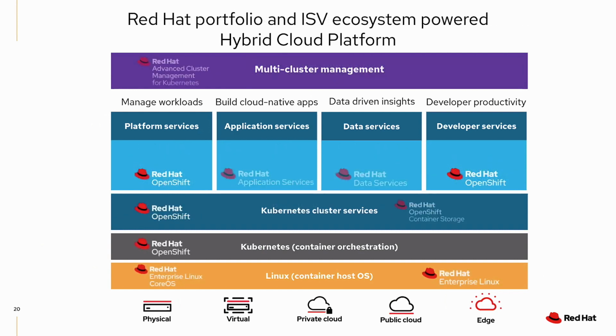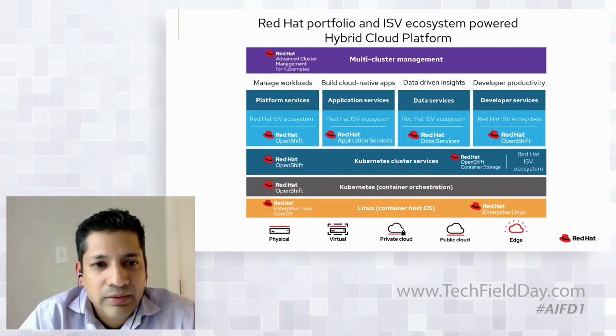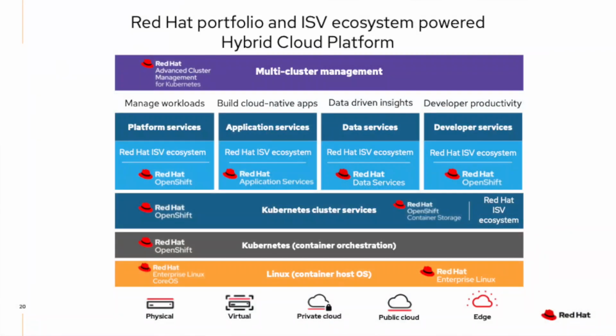What I'm showing here is that a lot of these capabilities are native to OpenShift as well as the broader Red Hat portfolio. At the same time, we have a very open architecture, and we have done the integrations with a lot of different ISVs that offer the solution in the various buckets here.